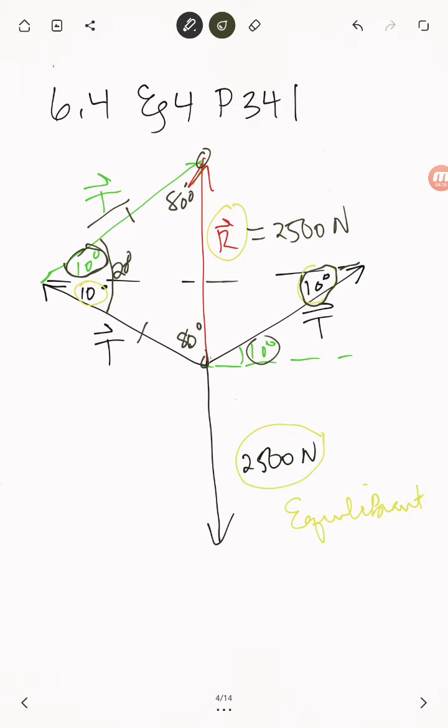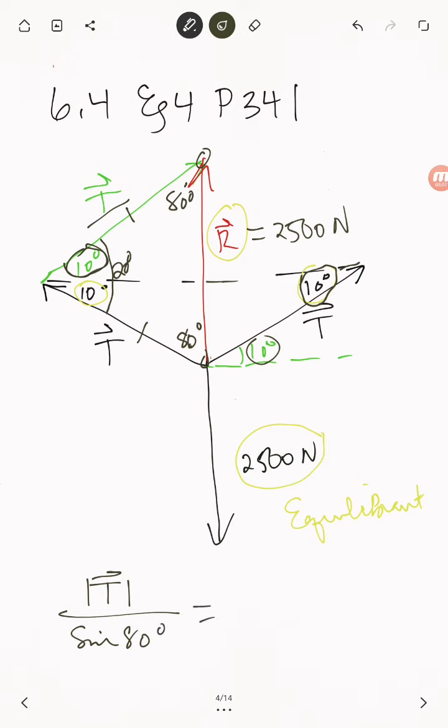Now what I want to find is the tension in the wires, and so I need to solve for T. Now I have a triangle where I know 3 of the angles and 1 of the sides, and so I should be able to use sine law to find the unknown side T, the magnitude of T. So I'll start with magnitude of T, and that needs to be over the sine of the angle across from it, either one, they're both 80 degrees, doesn't matter.